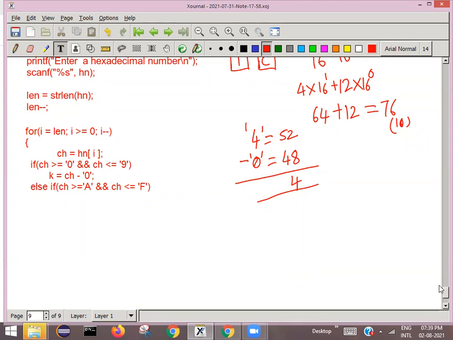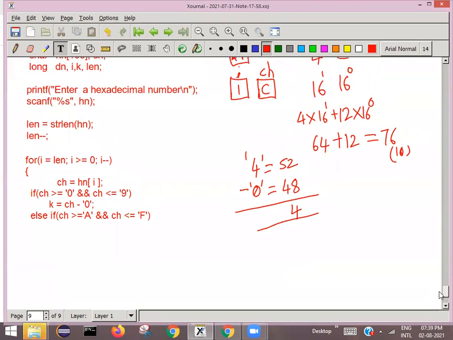For example, in ch you got the character C.